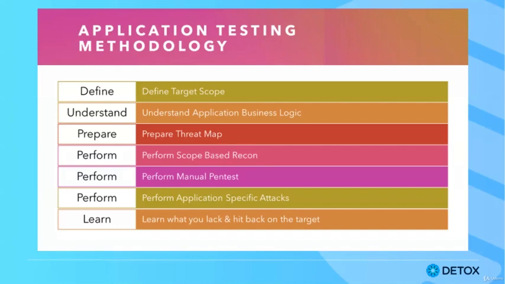Similarly, if your application is on PHP, try for PHP object injection and PHP-specific scenarios. Let's say your application is using Spring Boot, try to check if the actuator endpoints are available or not. There can be a lot of similar scenarios, but always make sure to perform application-specific attacks.